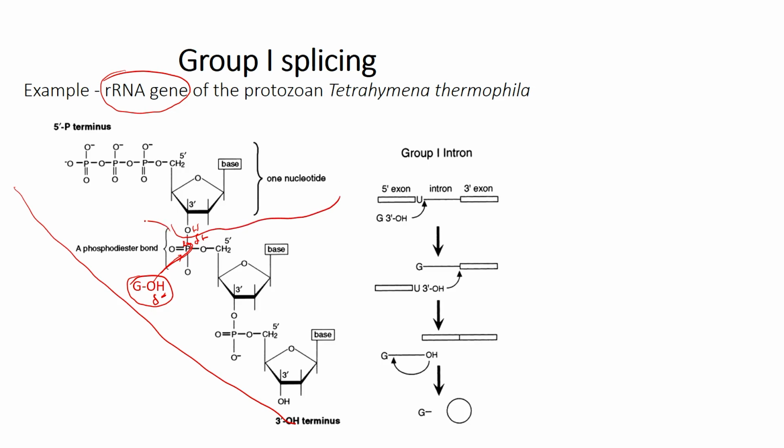And G has now got inserted here. So this now becomes the first nucleotide. So this is part of the exon, that is, the region which has to stay. This is exon 1.